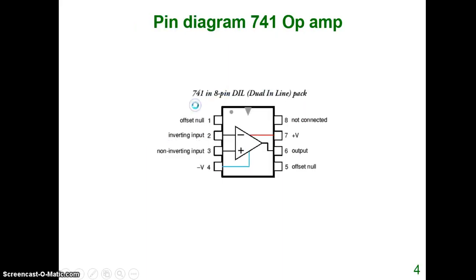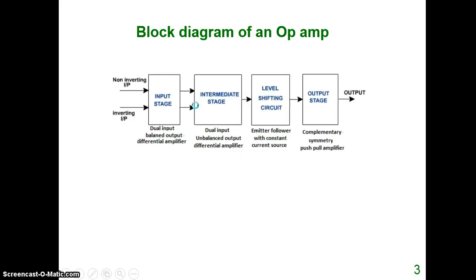In most amplifiers, the intermediate stage is dual input unbalanced output, it can be either dual or single ended, and here direct coupling is used.